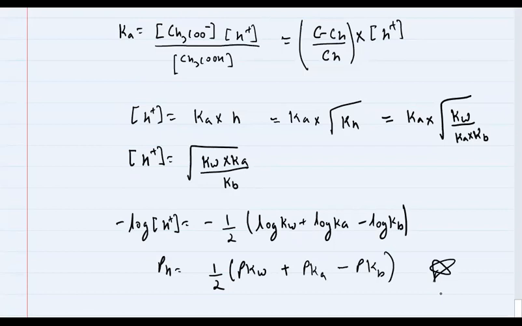Step by step, got it? Yes or no? Take your time. You can just prove it once again at your home. So these are the formulas for pH.